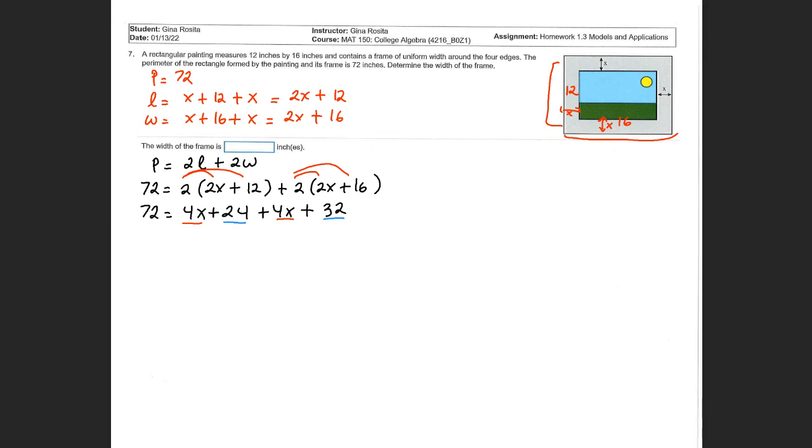So 72 equals 8x plus 24 plus 32. The answer is 56. Now move 56 to the left, it becomes minus.